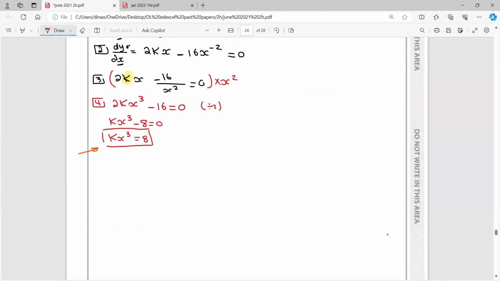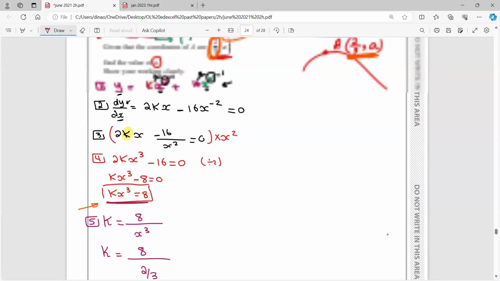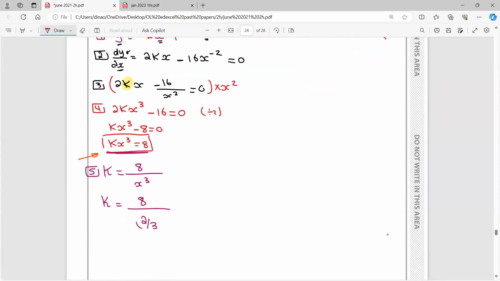The purpose is to reach this equation, and by making k the subject, which will be 8 over x power 3, and replacing the x with the value given in the question, I can find the value of k. Let's calculate it. 8 divided by 2 over 3 power 3. So k came out as 27.